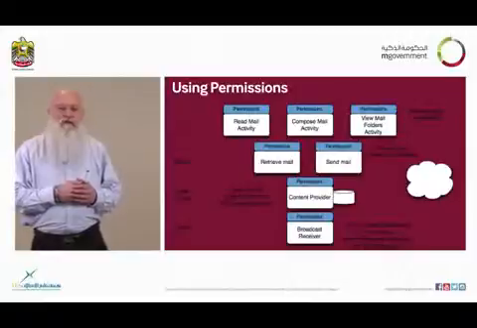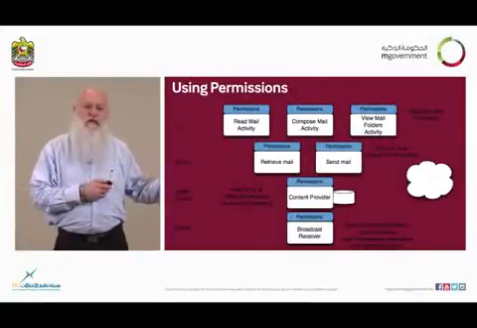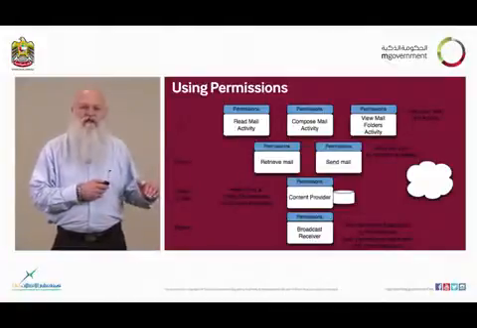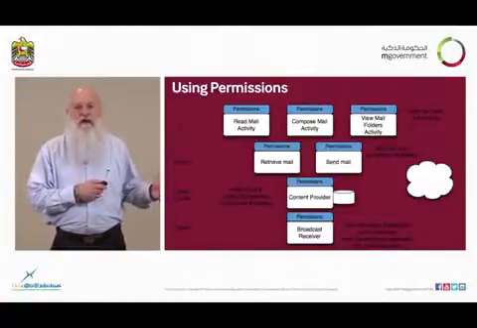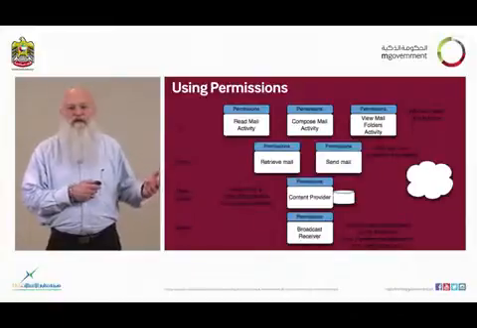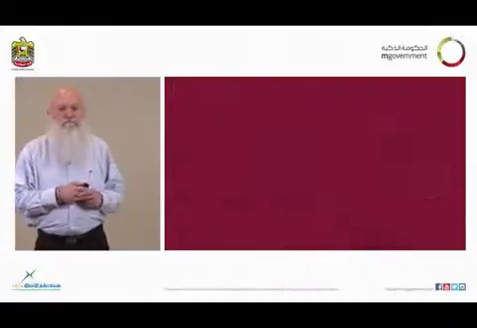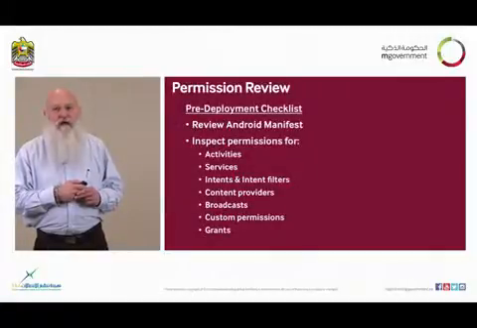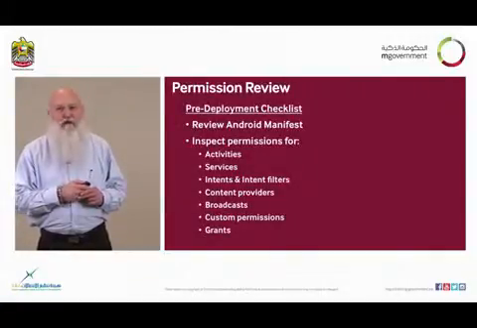Now overlaying permission controls on our sample mail activity, you can see where these come in at the various layers, implementing another of our security principles, defense in depth. So, a checklist to review prior to deployment.